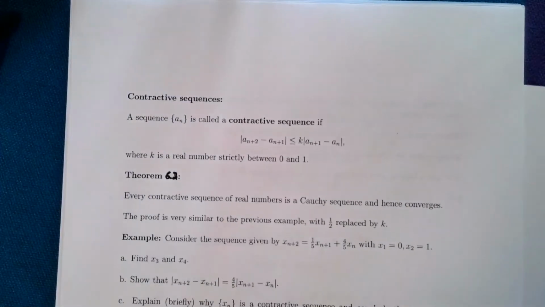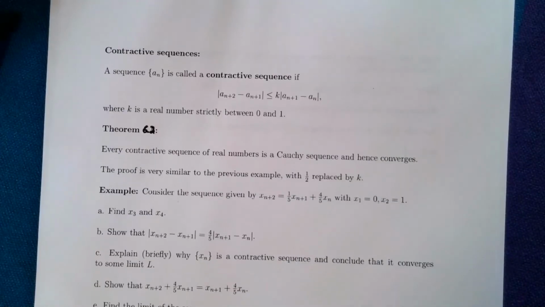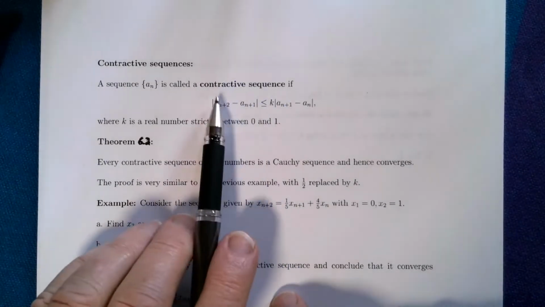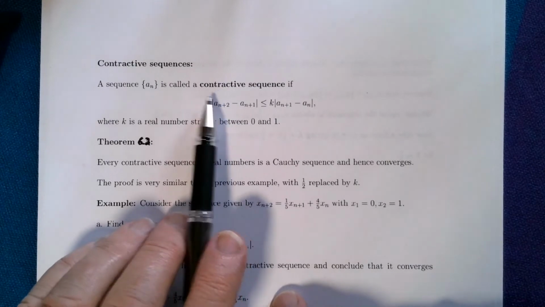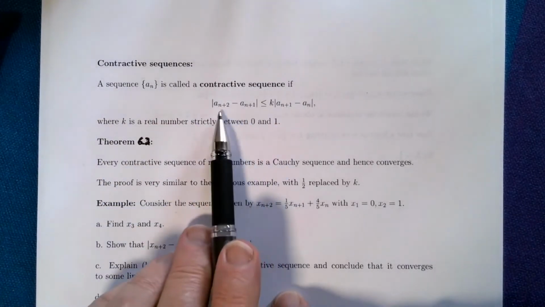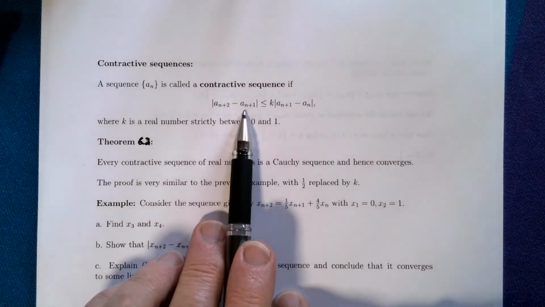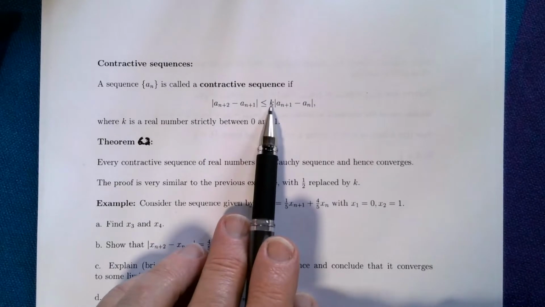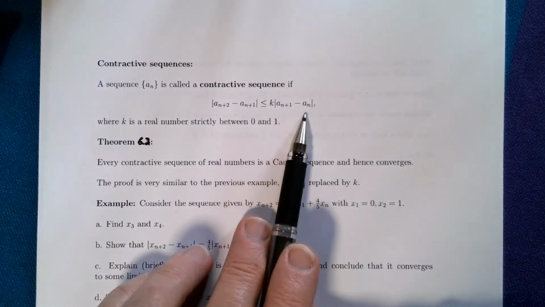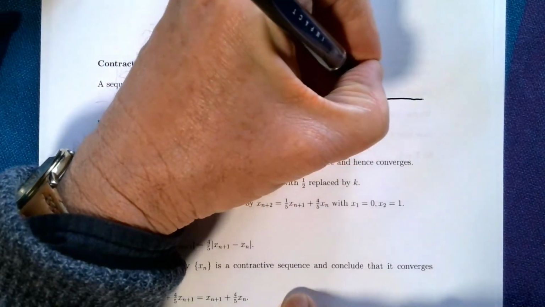So here's our definition. We're going to introduce this new word, a contractive sequence, one which is getting smaller, it's contracting. A sequence a is called a contractive sequence if the difference between two successive terms, one after the other, is less or equal to some number k times the difference between the terms just back from that one. You might like to think about a little picture here.